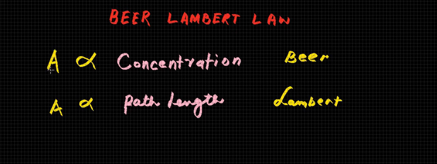We have already defined the basic terms like absorbance and transmittance, and according to this law, the absorbance is directly related or proportional to the concentration of the analyte in a given sample.